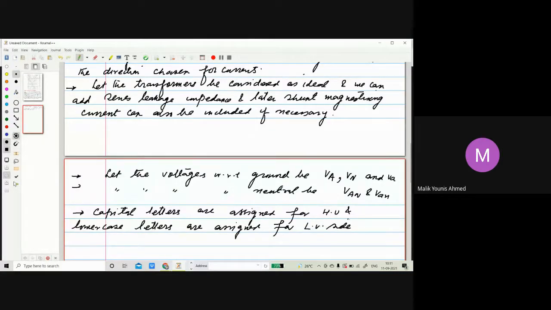So it's very clear. Capital letters are assigned for the high voltage side, and lowercase letters are assigned for the low voltage side.